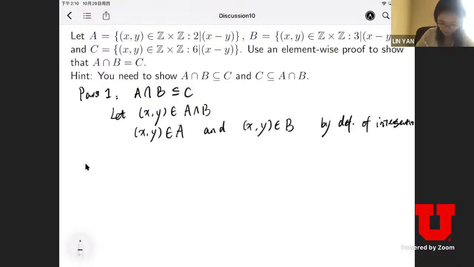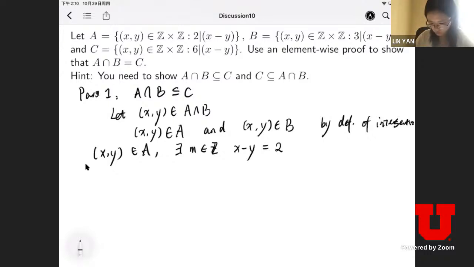And then because (x, y) belongs to A, we know there exists an integer m such that x minus y is equal to 2m, because in set A, x minus y is divisible by 2. And also because (x, y) is an element of B, we also have an integer n such that x minus y is equal to 3n.